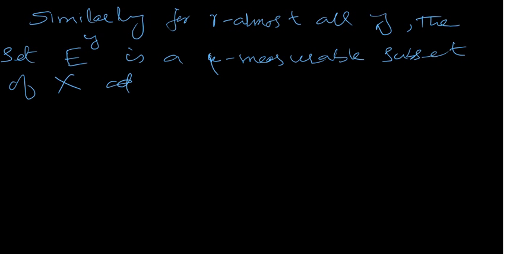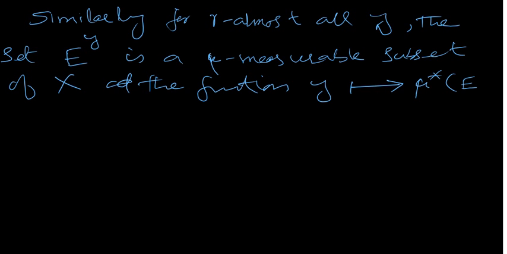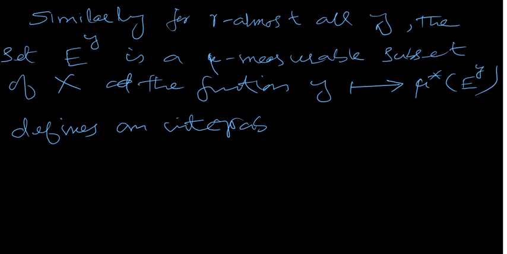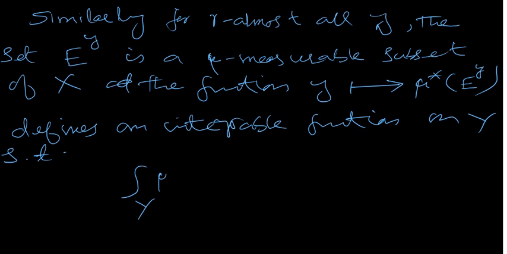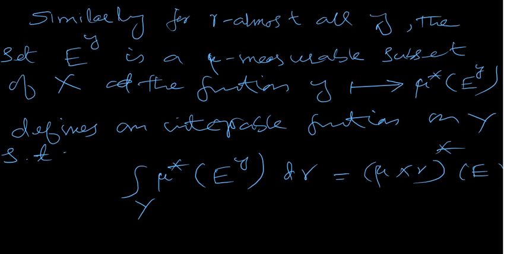And the function which maps y onto mu star of E y, because this E y is a subset of X, mu star of E y is again a real valued function on Y, defined as an integral function, defines an integrable function such that its integral on Y d nu is equal to mu cross nu star of E. So that means these two integrals are actually equal.